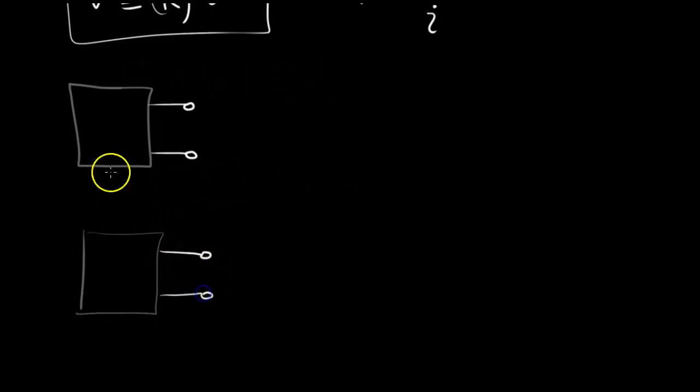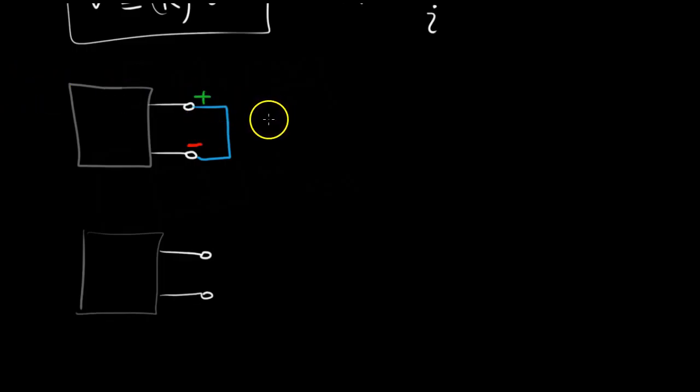Alright, so in the first case, let's draw a wire. Plus, and this is some black box. There are some devices inside of it that we don't know. We just simply put a wire across it, a wire that we assume has resistance of 0.